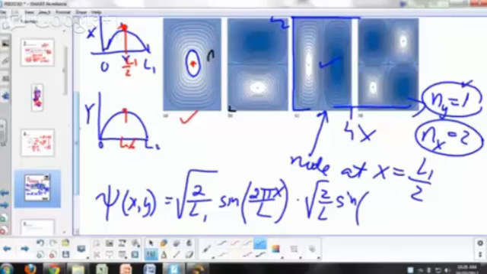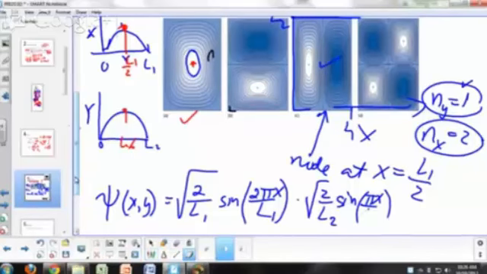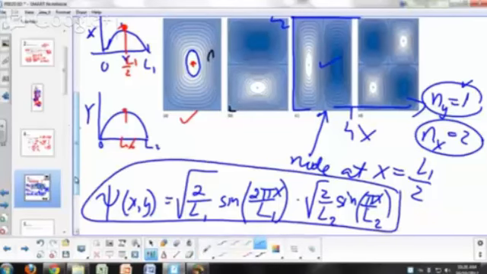It's 1, so it's 1 pi y over L2. This is L1 and that's L2. So that's your psi for this one right here.